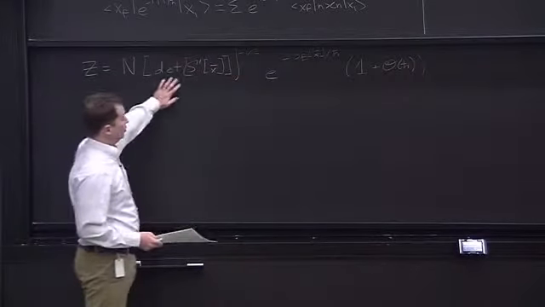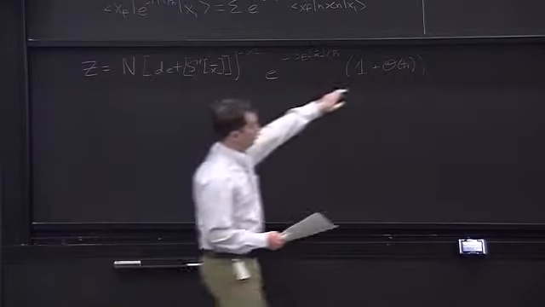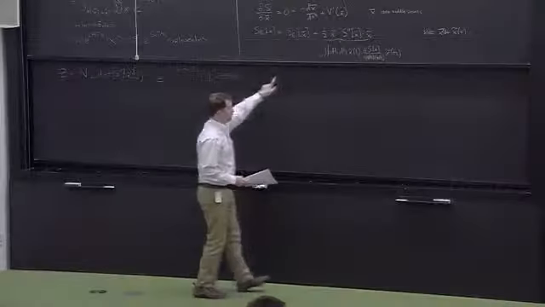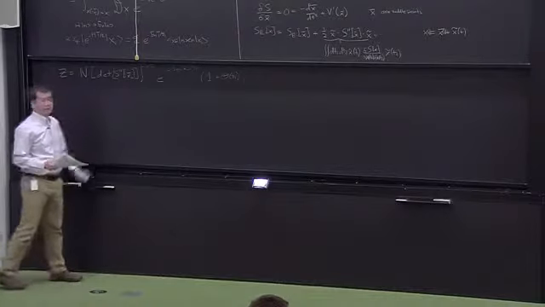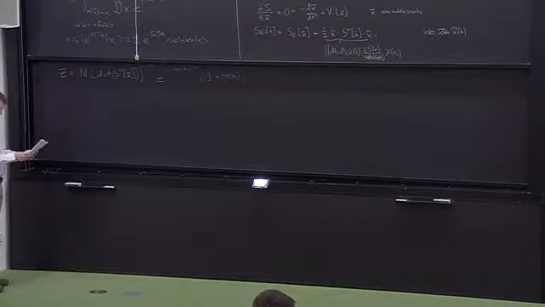So if we only keep the second order term, this is just a Gaussian integral, and we can compute this just by discretizing the path integral in the usual way.